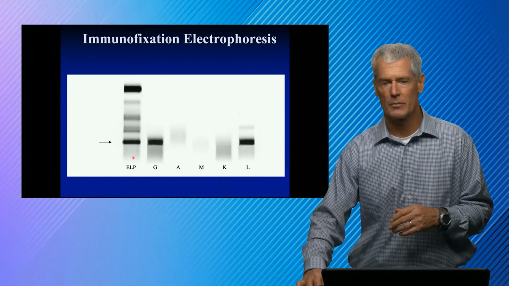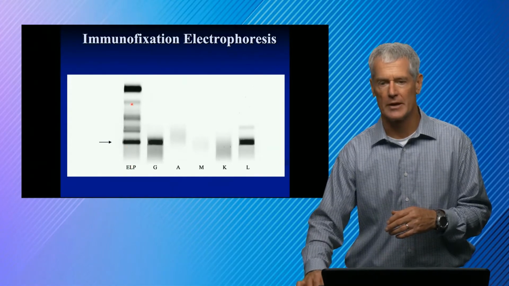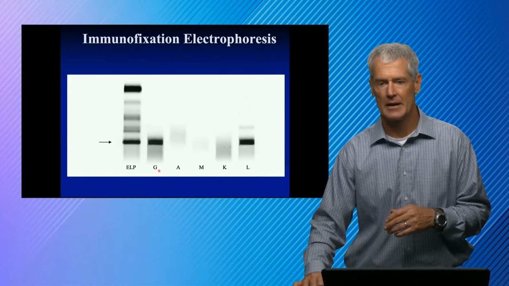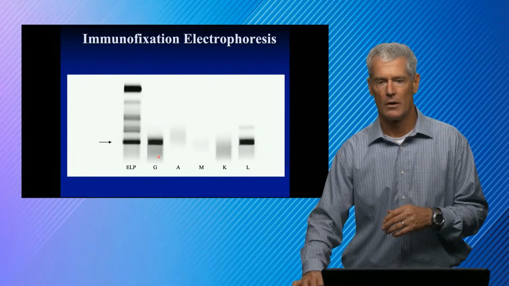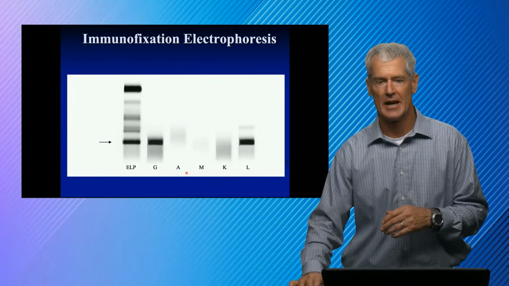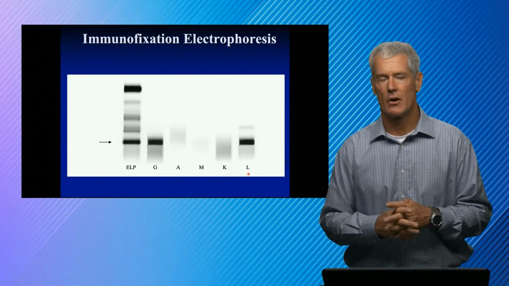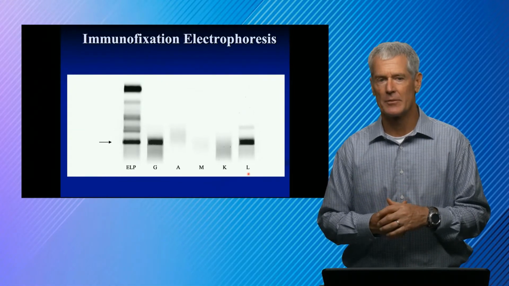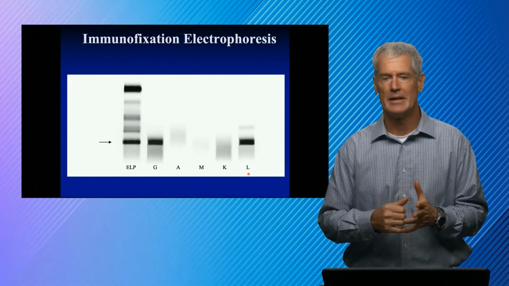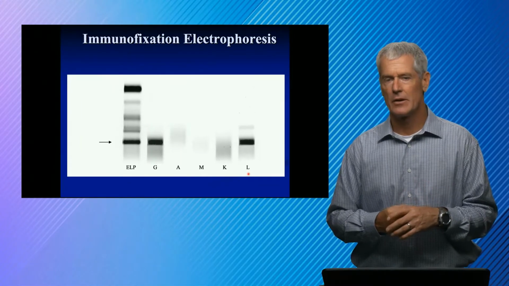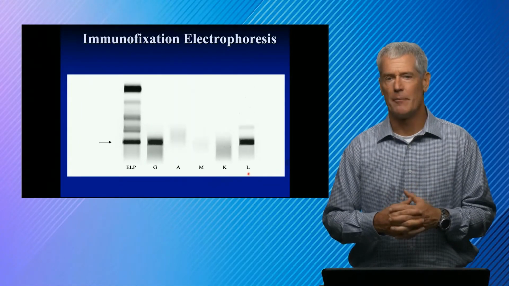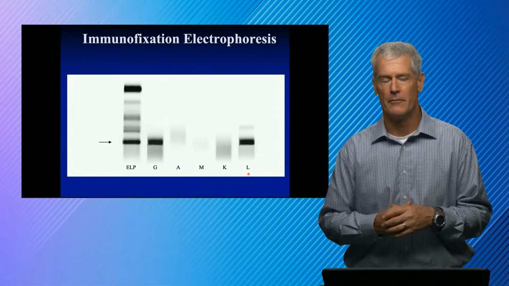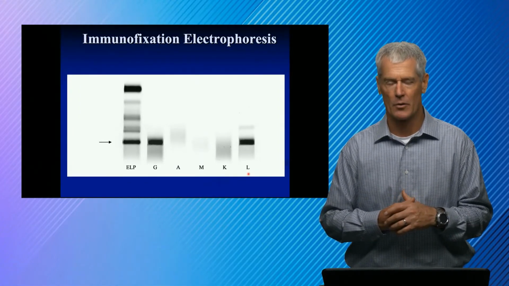And basically it works by, so here we stain for all proteins. In this lane, we essentially just stain for IgG. And in this lane, just IgA, just IgM, just kappa and lambda light chains. There are typically 5 different types of immunoglobulins, G, A, M, D, and E. But really from a multiple myeloma perspective, G, A, and M by far constitute the vast majority of monoclonal proteins.